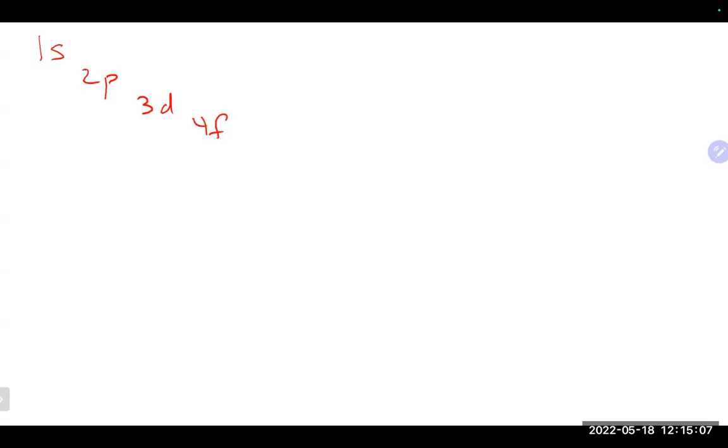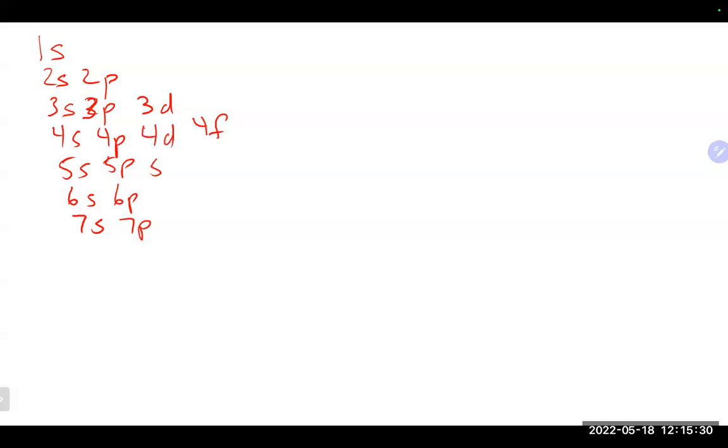And you basically just fill in the numbers underneath there. So that would be 2s, 3s, 4s, 5s, 6s, 7s. And then obviously fill in the rest of these with the right numbers. 4p, 5p, 6p, 7p, 4d, 5d, and 6d, and 5f.